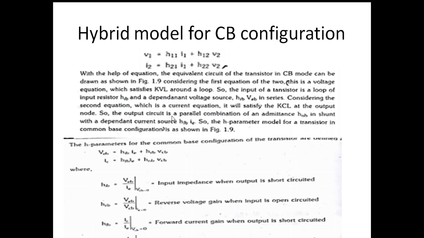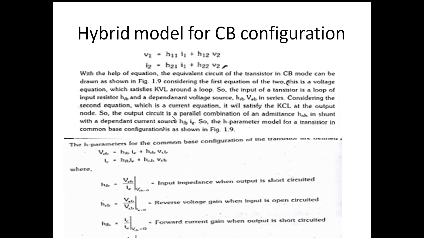V1 is the input voltage and I2 is the output current. So the input voltage is V1 equal to H11 I1 plus H12 V2, as the first of the basic equations for the hybrid model. I2 is equal to H21 I1 plus H22 V2.